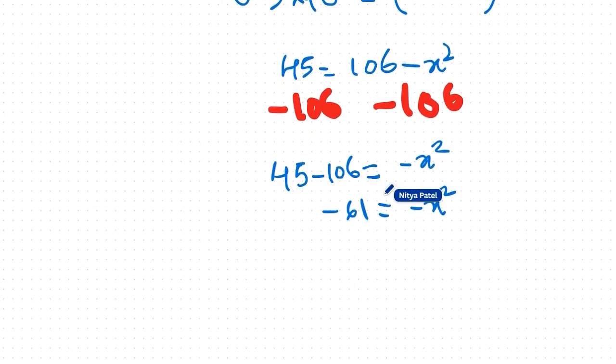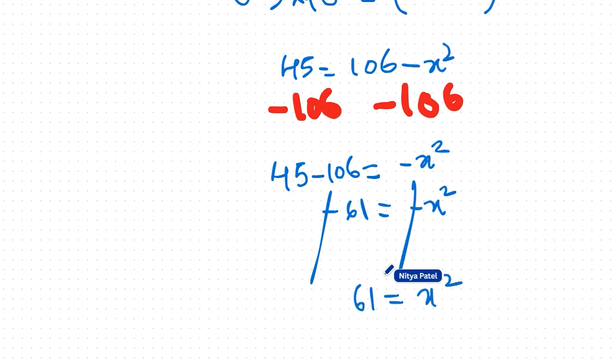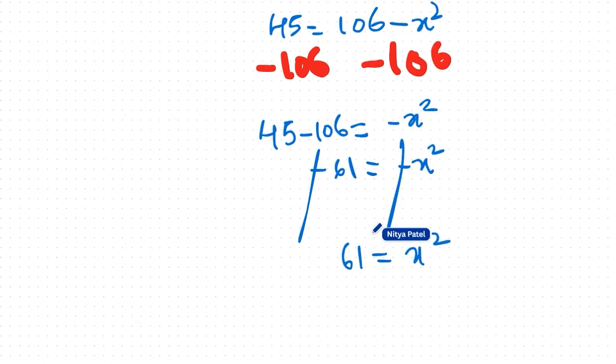We are trying to make x alone as much as possible. There is also a negative associated, so take out the negative sign since they are both similar. So 61 is equal to x square. But the value we need to find is x.